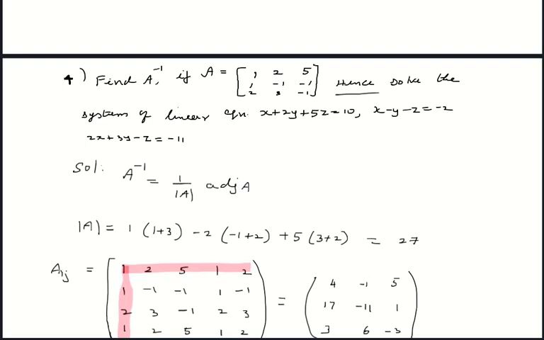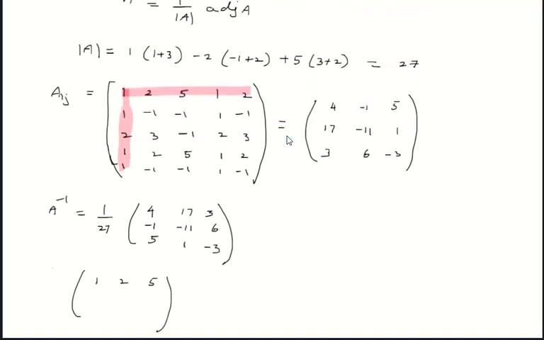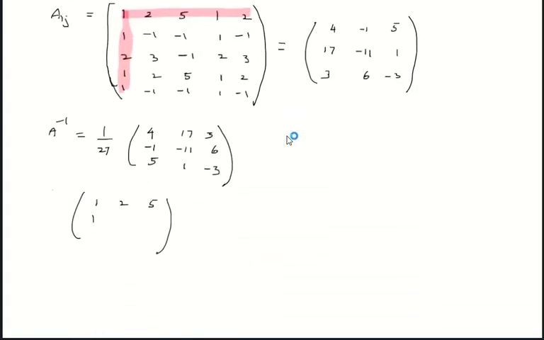Find A inverse, I have found. Now I have to hence solve the system of equations. Before solving the system, we should put it in matrix form, right? So let us put the given equations in matrix form. It becomes 1, 2, 5. Next 1, negative 1, negative 1, that is the x coefficient, y coefficient and z coefficient.